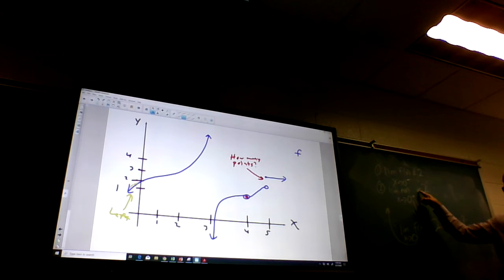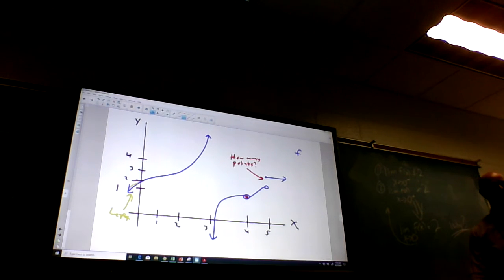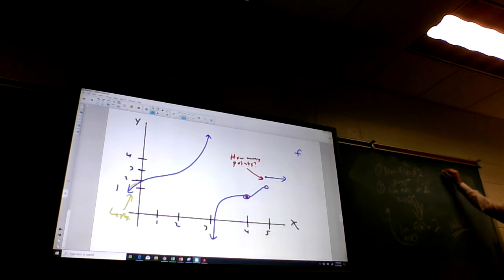By the way, how many words did I write there? No, a 0. Let me do one more here. Let's do 5. What is the limit as x goes to 5 from the left in my poorly drawn diagram? 3. That's horrible, I know. Can we just say 3?